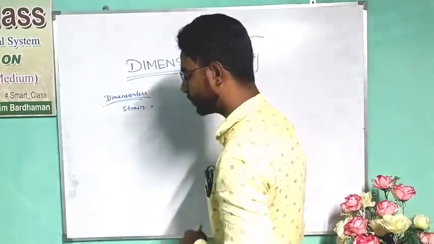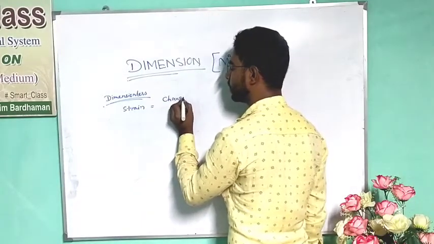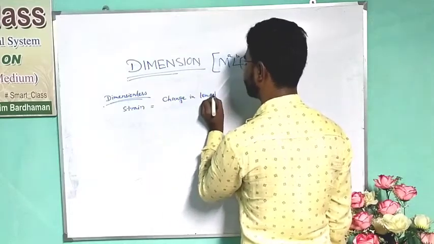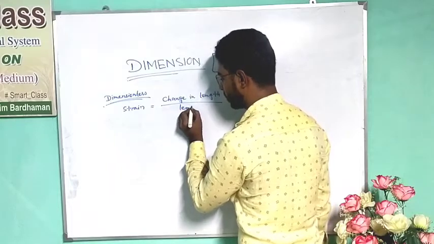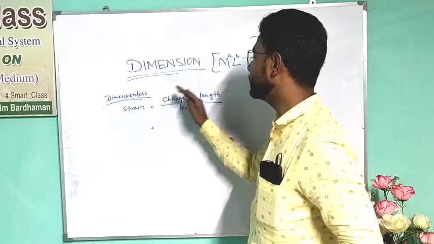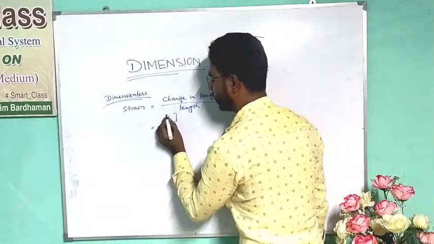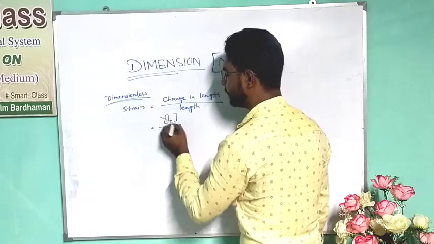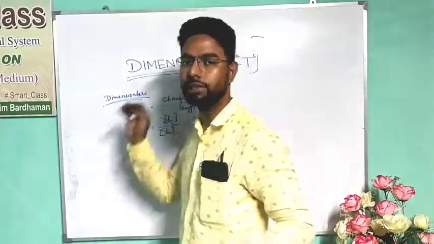The formula of strain is change in length by length. The change in length we can write as L, and the length is also L. We cut them and we get 1. The strain is a dimensionless quantity.